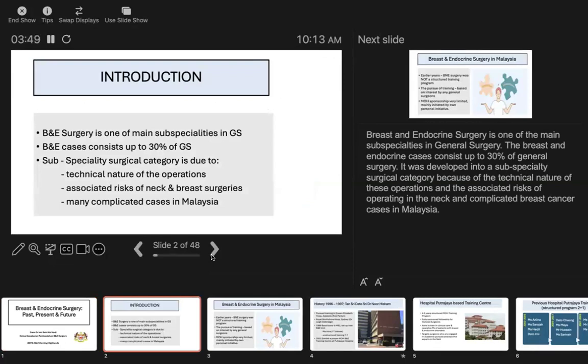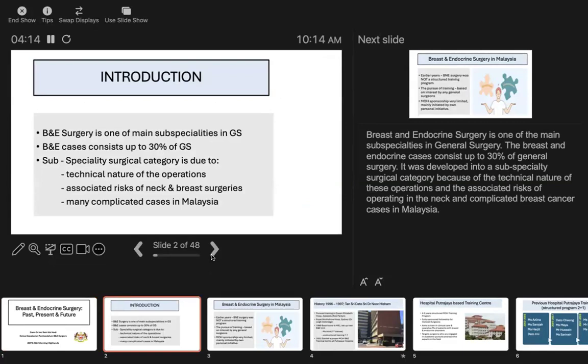Everybody knows this, right? Breast and endocrine surgical cases make up to 30% of all general surgical cases. And why is breast and endocrine surgery categorized as another subspecialty? This is due to the technical nature of the operations of the breast and endocrine cases.